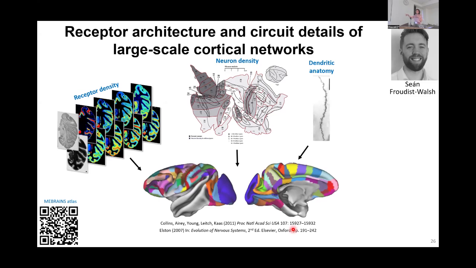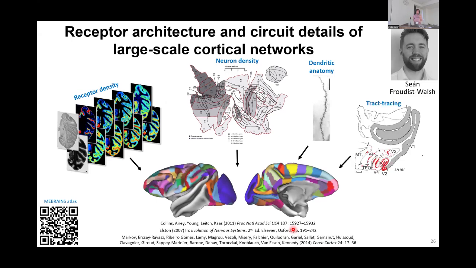I'm only citing one of his works here because the rest of them would fill the entire slide. And then we've got tract tracing data from Henry Kennedy's group.